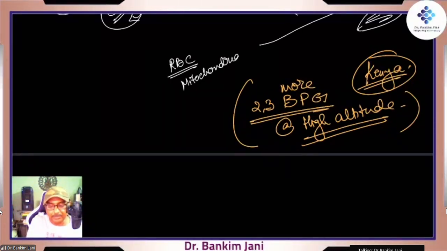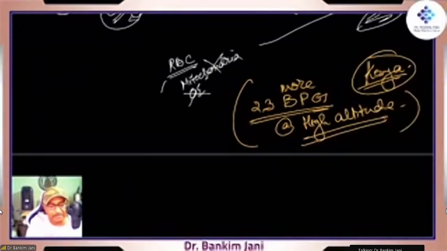No mitochondria means they don't know how to use oxygen, so whatever oxygen they are carrying is for the tissues. They can't use it by themselves. How do they get energy? Because RBC is a live thing, it will need something for energy. That energy is obtained by glycolysis.